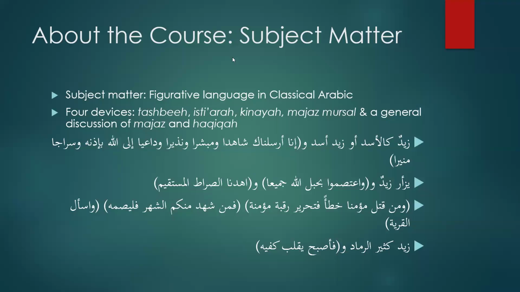In the case of isti'ara, we move beyond that. We assume that mushabaha already exists in the person's mind, and I can build upon that, and I can say Zayd roars. So that's the idea of the isti'ara versus the tashbih. Both of them are based on comparing two things of different classes to each other. However, the tashbih mentions that comparison explicitly.